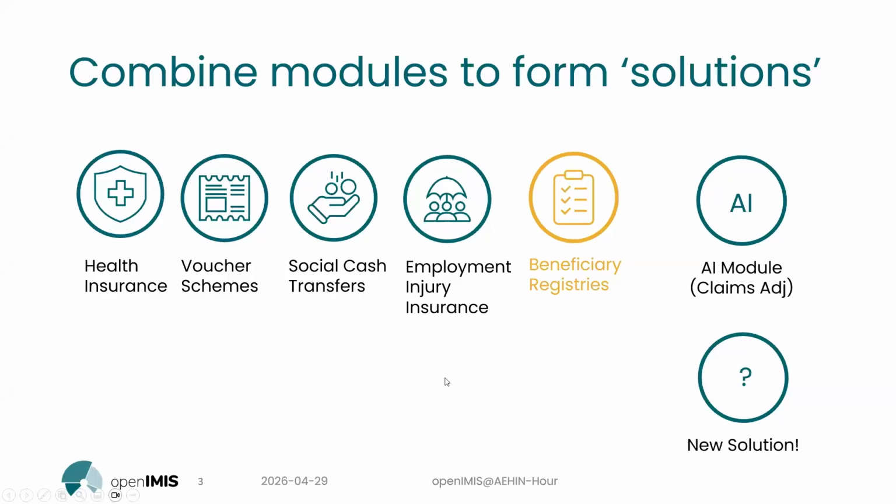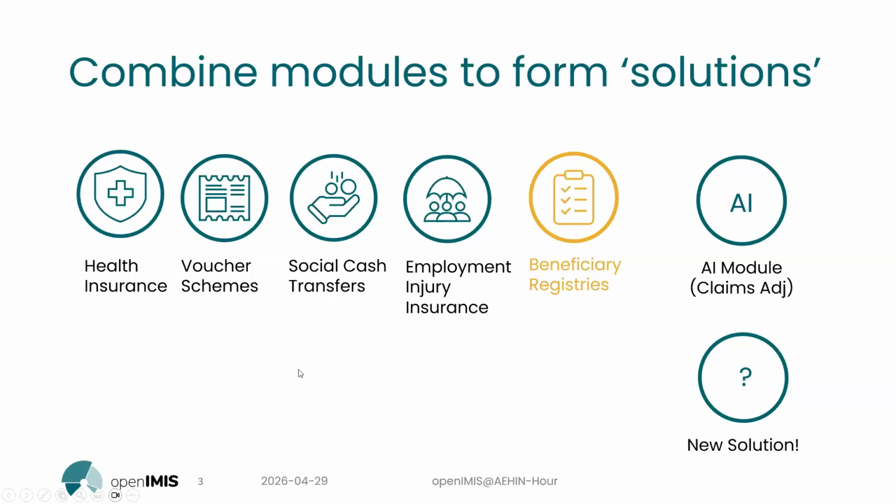Let's talk about solutions. I mentioned a few here. I think these are mainly all of them that we offer, but in fact, they're just examples of something that can be done.